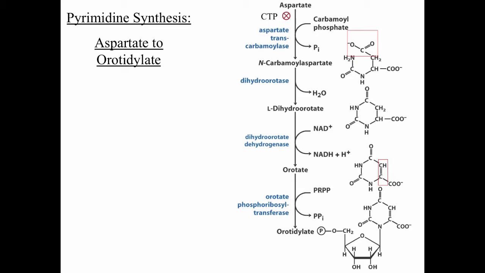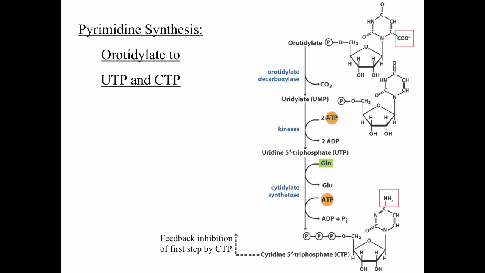So this differs from purine synthesis. In purine synthesis, you actually started with PRPP, that ribose backbone, and you made the base using that backbone as a carrier. In pyrimidine synthesis, you make the base first and then attach it to the ribose 5-phosphate backbone. So that's, I would say, a pretty important thing to know.